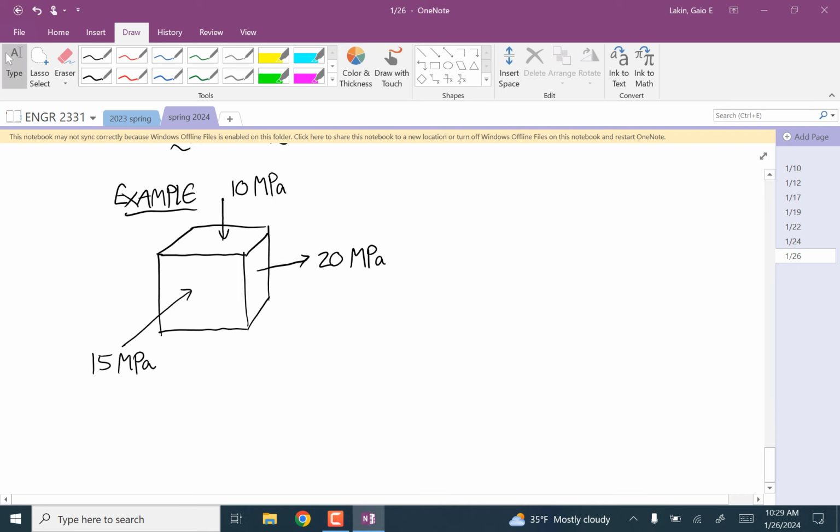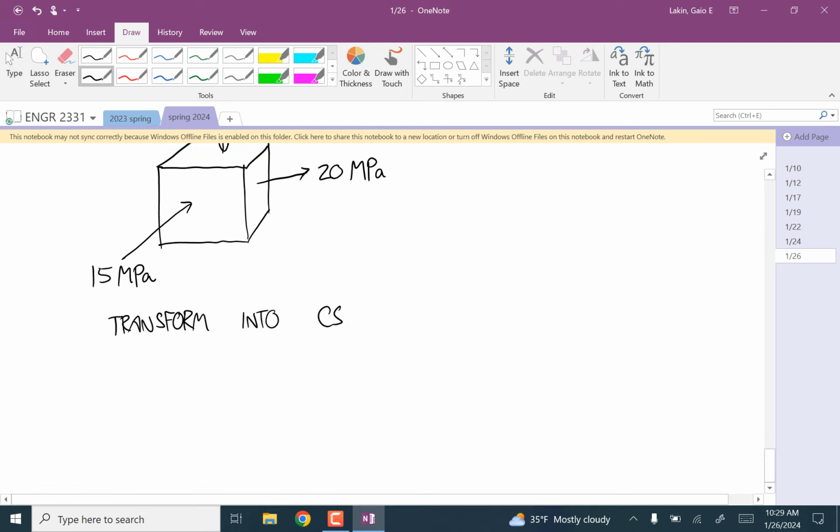And let's transform this stress. So if this is the original coordinate system, let's rotate it 45 degrees that way. So this is X, this is Y, this is Z.